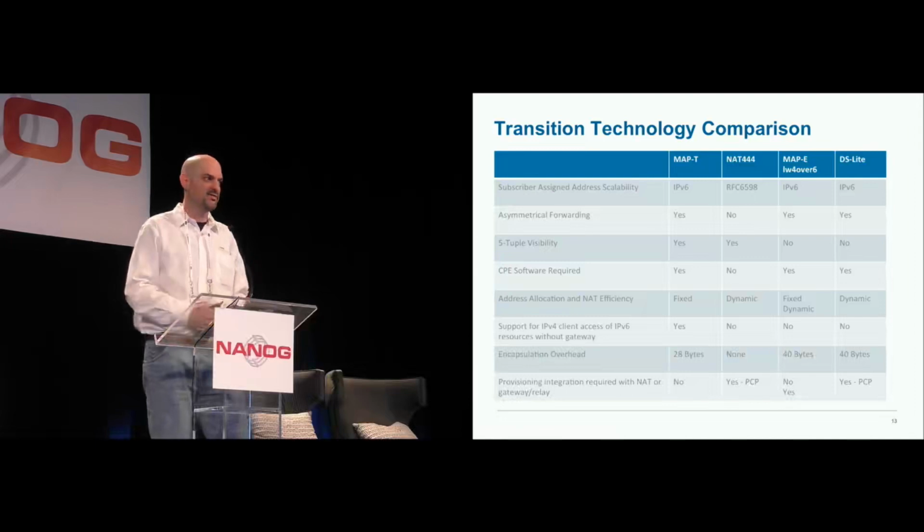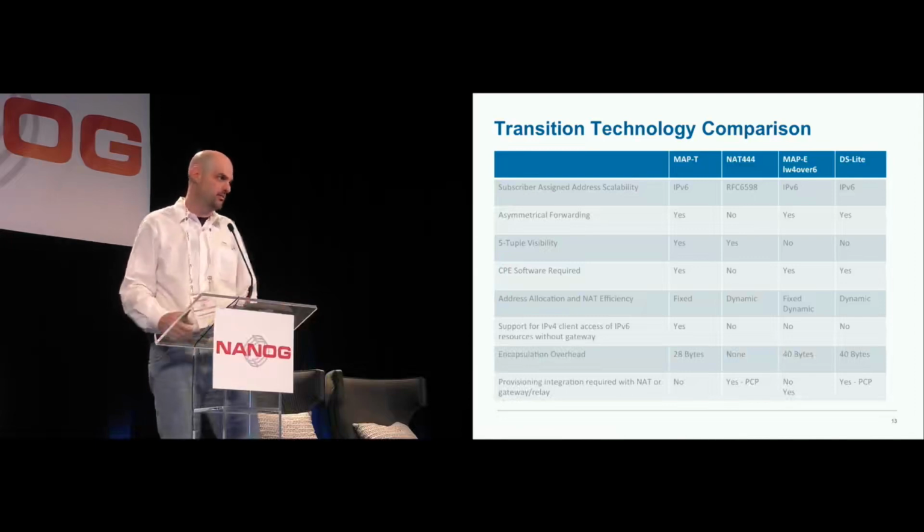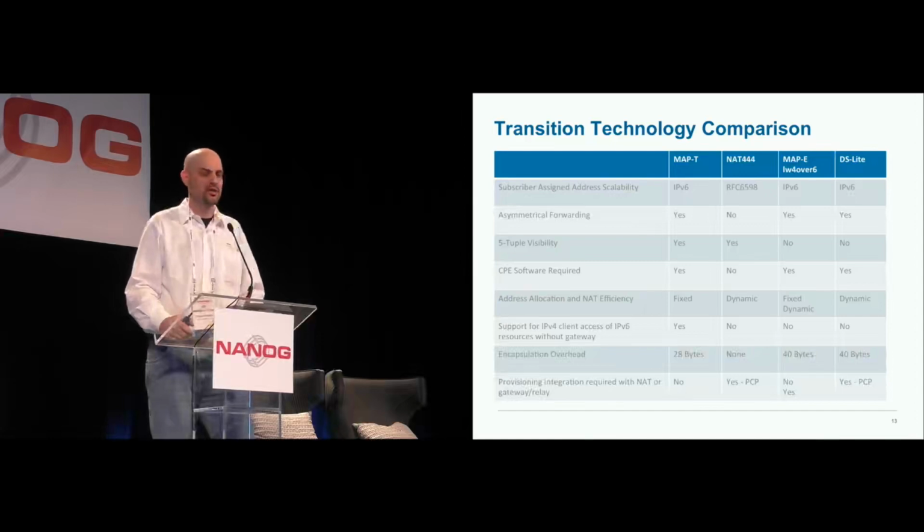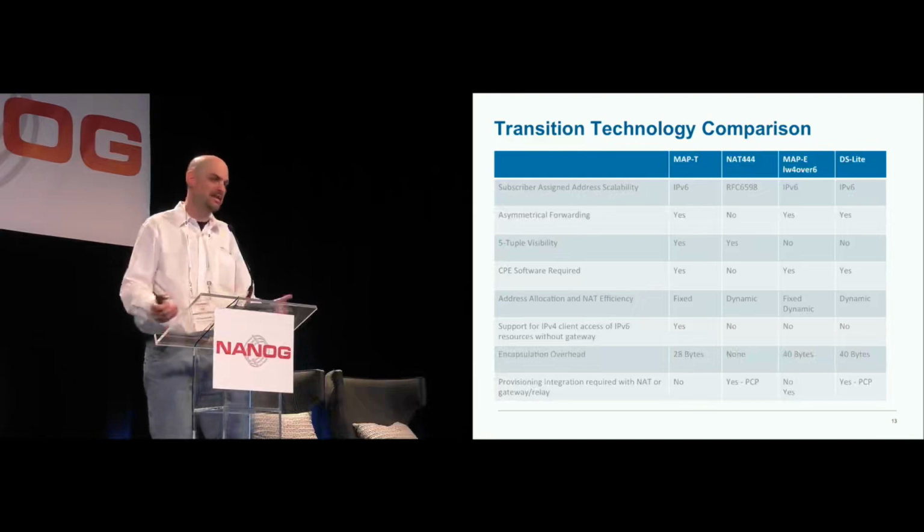And lastly is the signaling integration between different components on the service provider side, as well as signaling integration between service provider components and subscriber components. MAP-T and MAP-E don't require it.